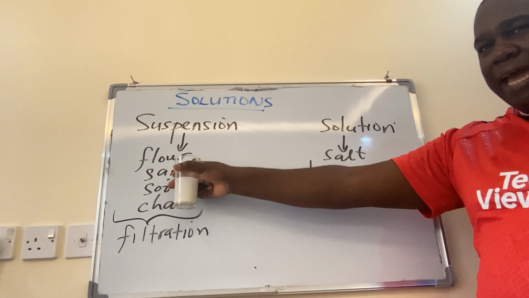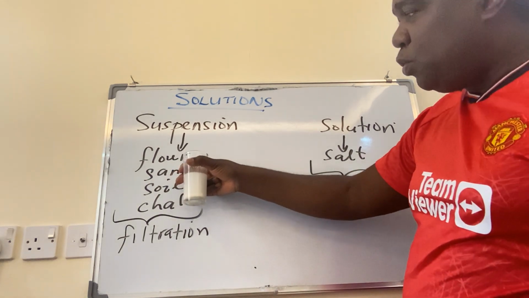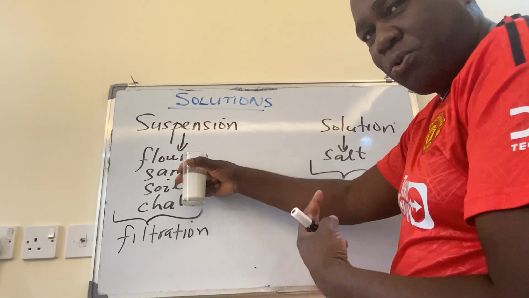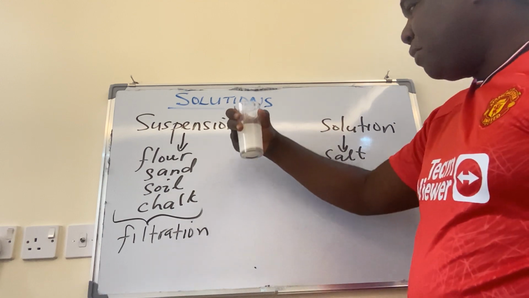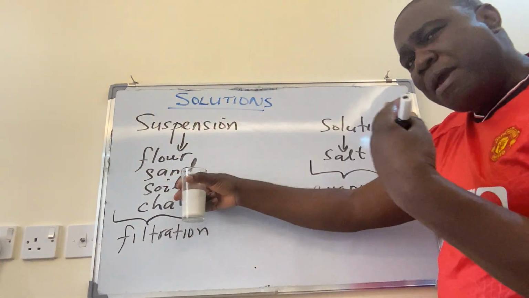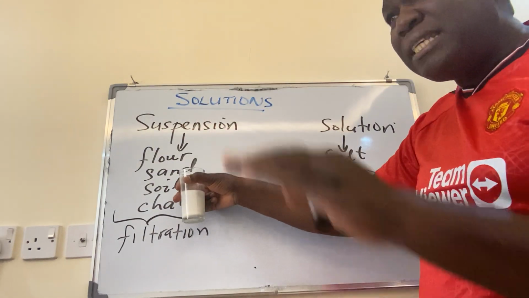It is a suspension. As you can see, when I look through a suspension, it's not transparent. I can't see through it, but if I dissolve salt, it's a transparent solution. This one is opaque. In some cases, some solutions will give you maybe a translucent appearance, where it's partly clear, sort of hazy.